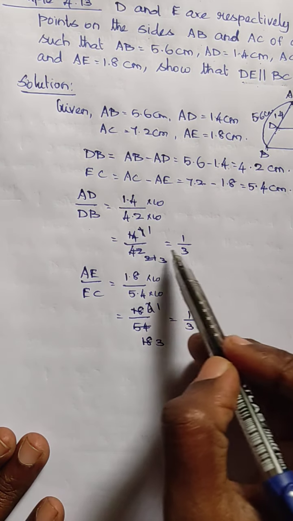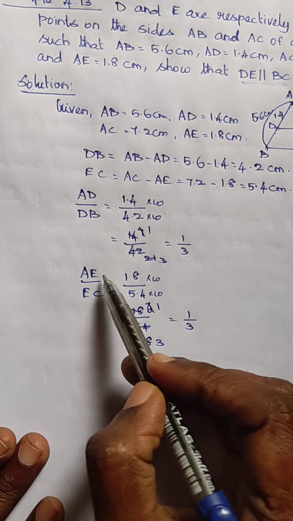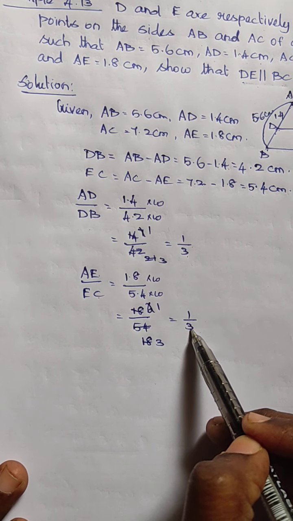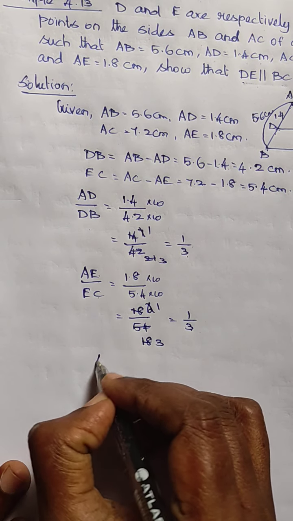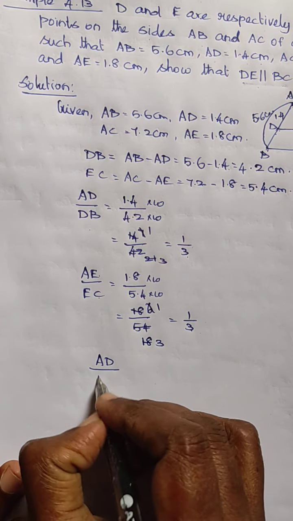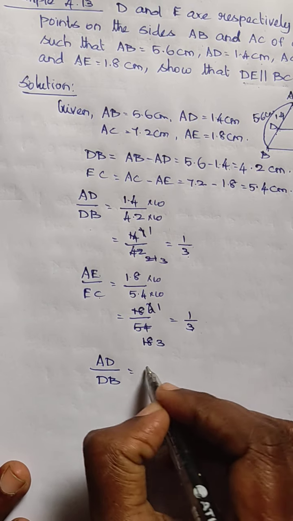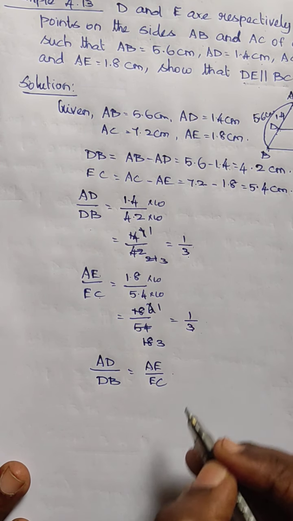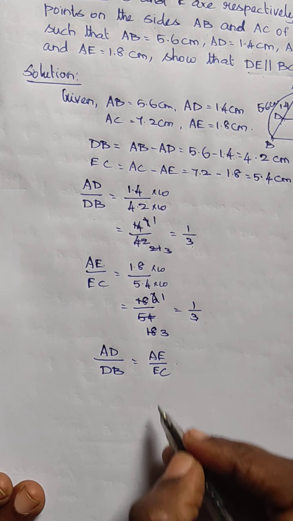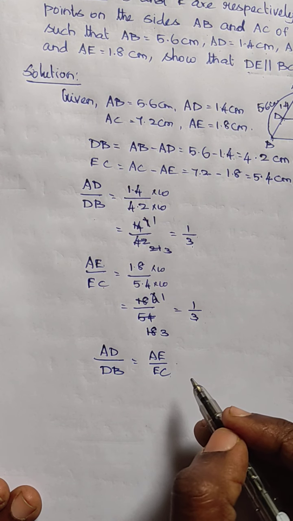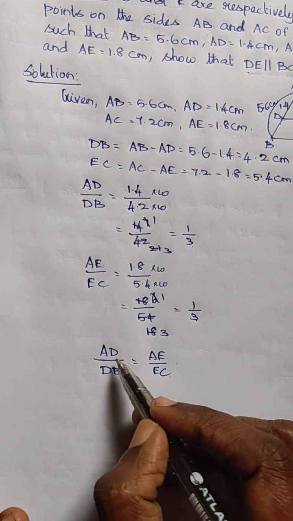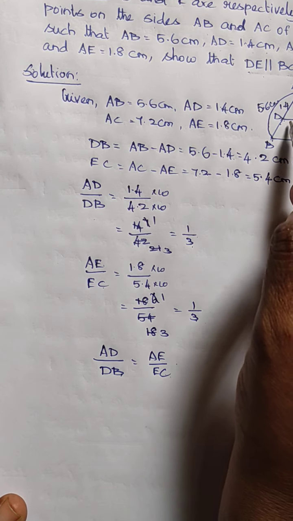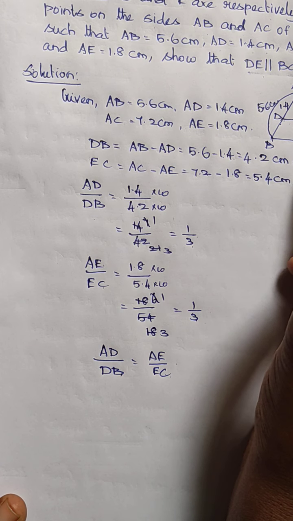So AD by DB equal to 1 by 3 and AE by EC also equal to 1 by 3. So we can write AD by DB equal to AE by EC. So we have proved AD by DB equal to AE by EC. Therefore, if AD by DB equal to AE by EC, then the line DE is parallel to BC.